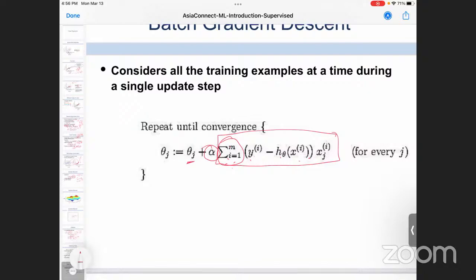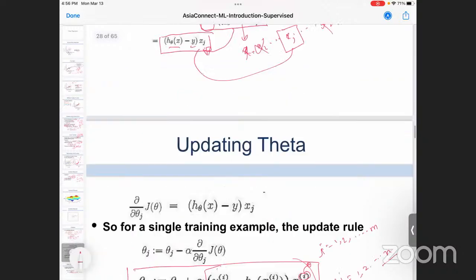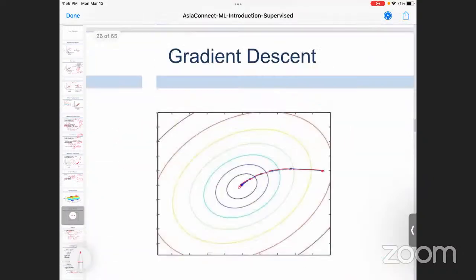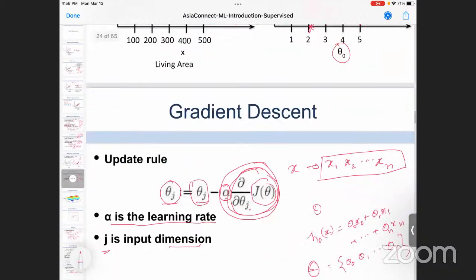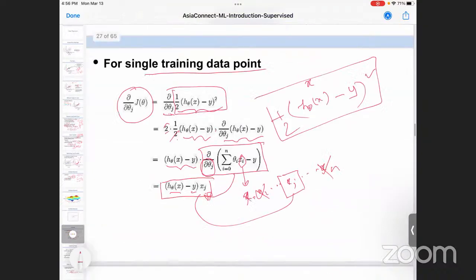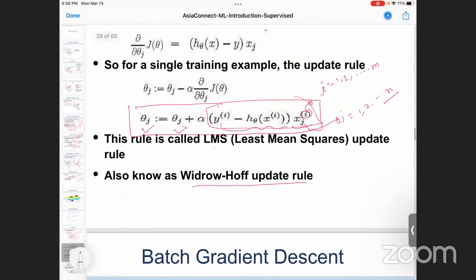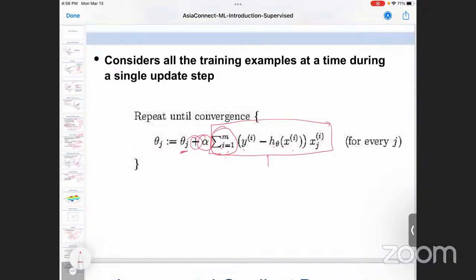I think you missed one point. There is no question, because I started with a different formula, right? Theta j minus. Here, we are using plus. Basically, this is the same thing. Previously, we were using h theta of x i minus y i, right?